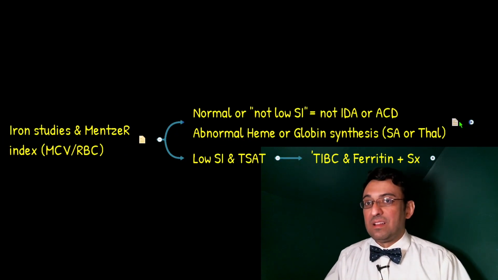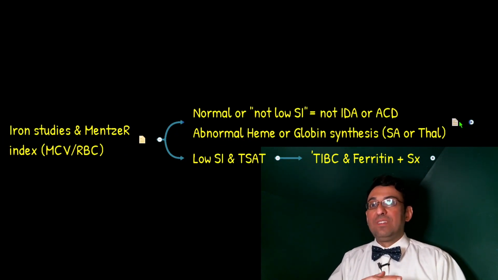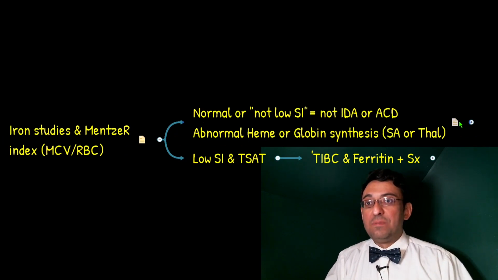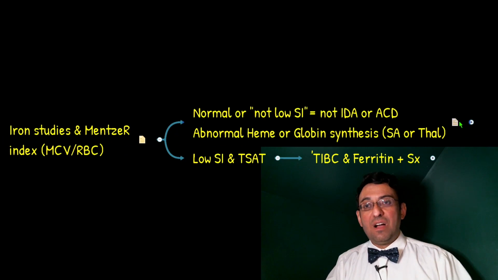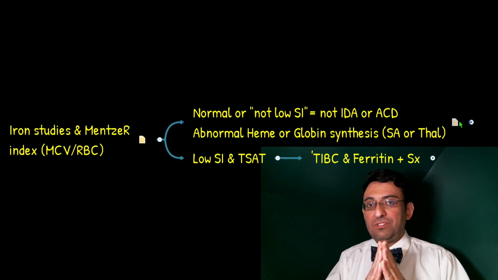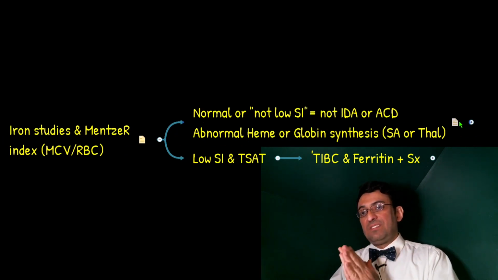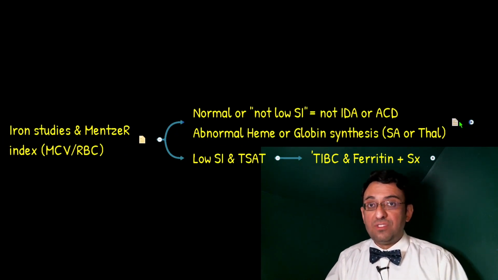I'm talking about the thalassemia major, alpha or beta major. They would gradually have iron deposition, and therefore the level of serum iron could be high. So not only in sideroblastic anemia as the original pathogenesis of the disease, but even in thalassemia, gradually after receiving a lot of transfusions, we may have even high serum iron.